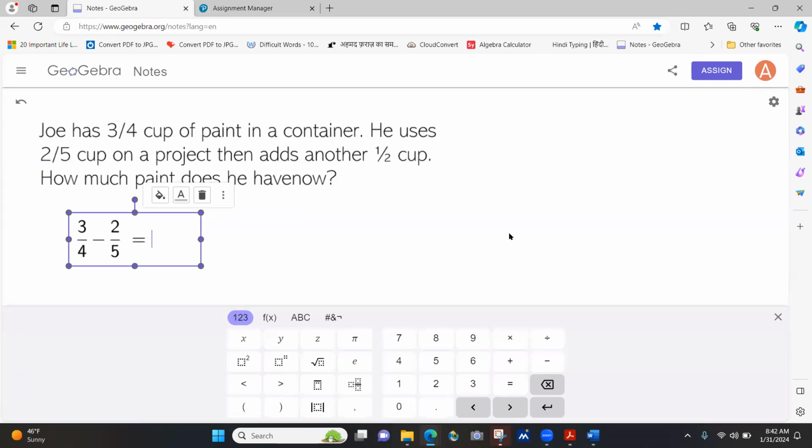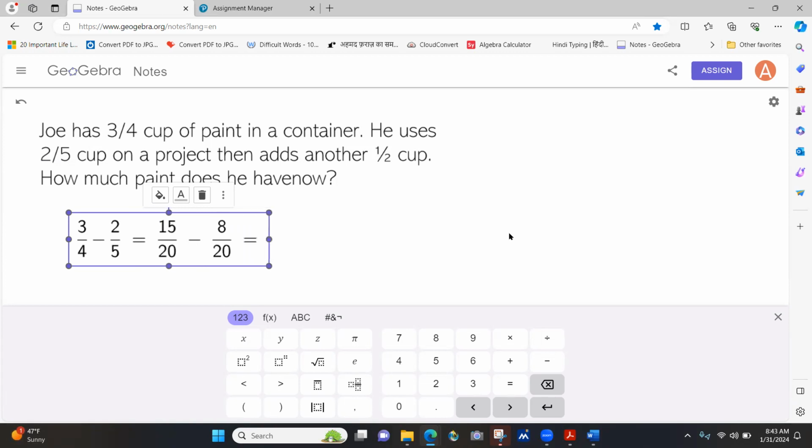Now, I want the denominators to be the same, so my denominators are 4 and 5. I'm going to multiply the numerator and the denominator of the first fraction by 5. 15 over 20. That is the same as 3/4. And I'm going to multiply the denominator and the numerator of the second fraction, 2/5, by 4.